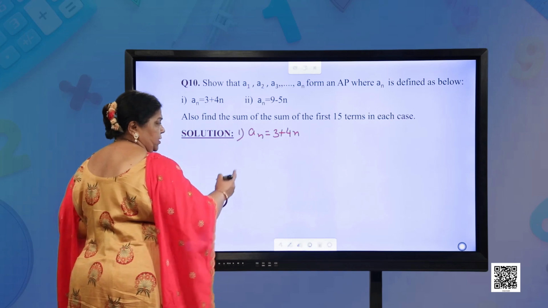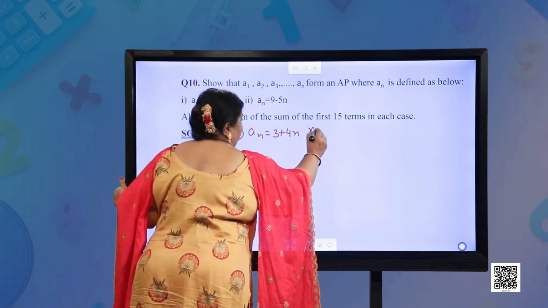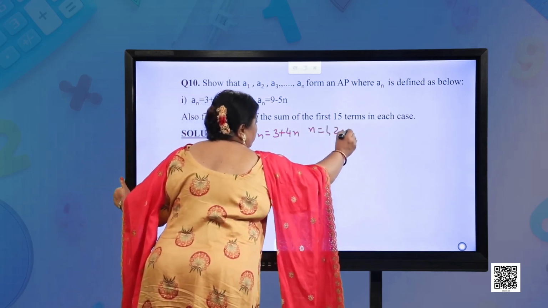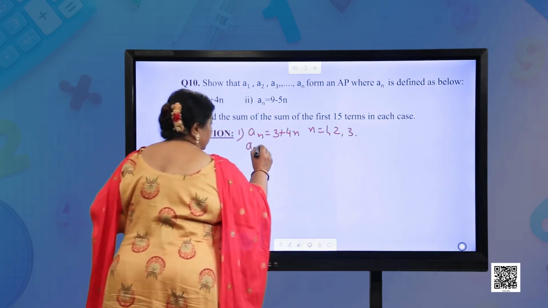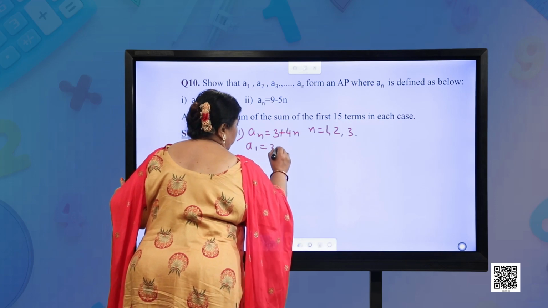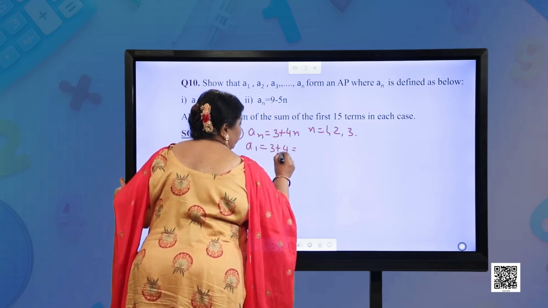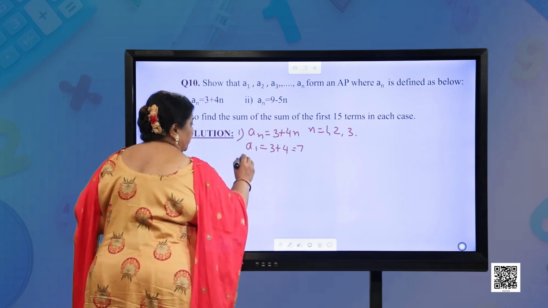an is equal to 3 plus 4n. Now, on taking the value of n as 1, 2, 3, let us form an AP first. It will be 3 plus 4 into 1, which is 4, so I get a1 as 7.